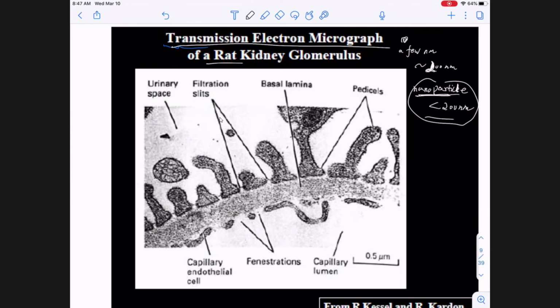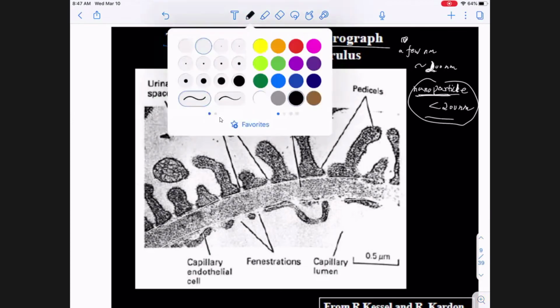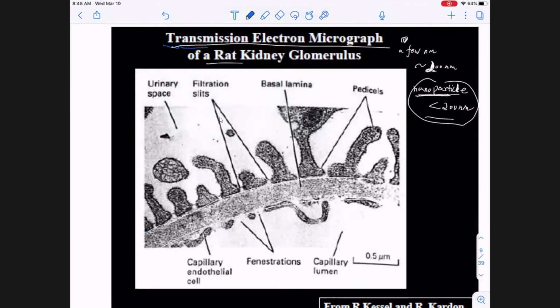This one is a rat kidney glomerulus, and again there's a film. We have this layer, that's the basement membrane. The basement membrane separates two tissues.